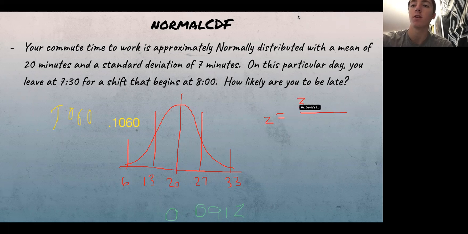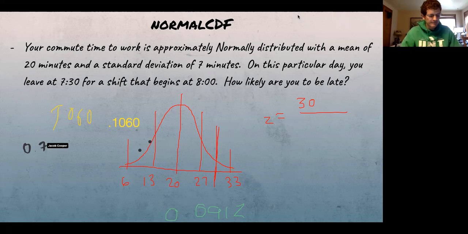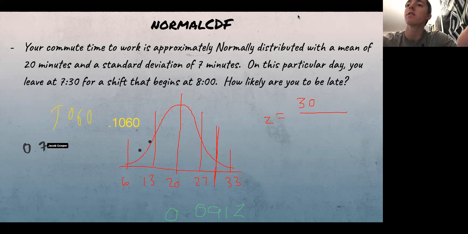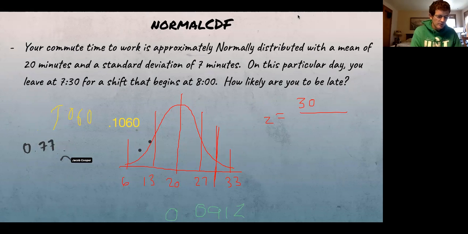And what are we worried about? So that's actually right in between right here. Are we worried about being to the right of that line or to the left of that line? To the right. Okay, we don't want to be in this area. We want to know the likelihood of being 30 minutes or longer.